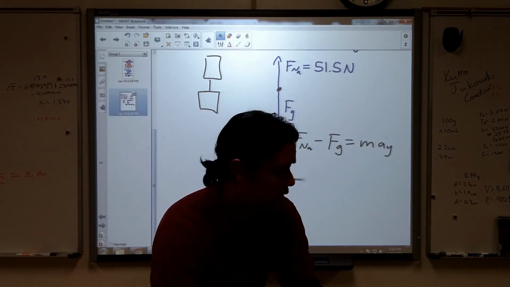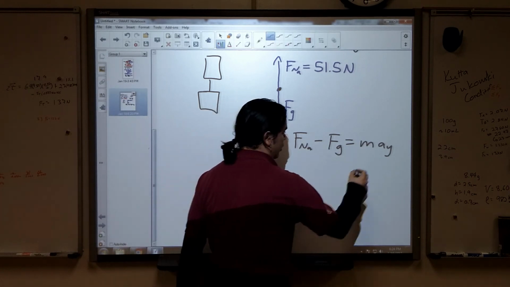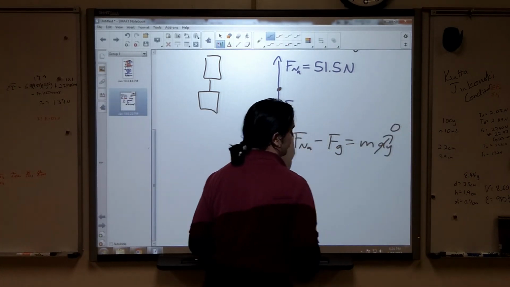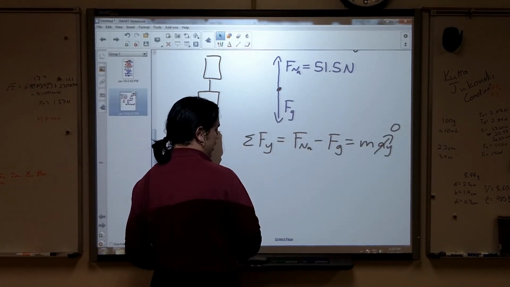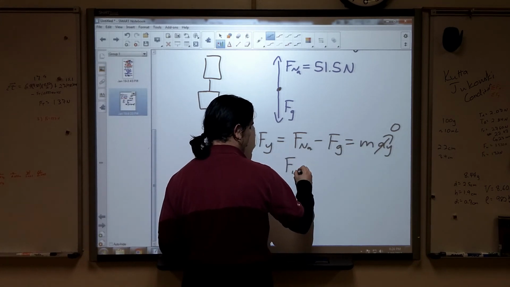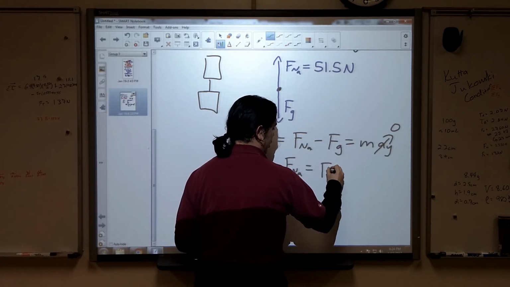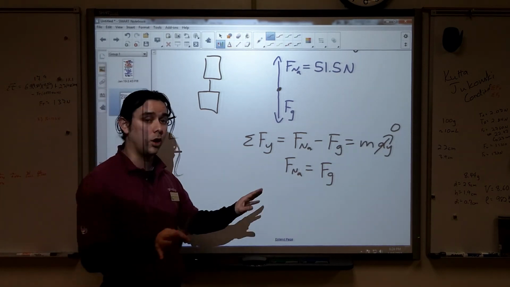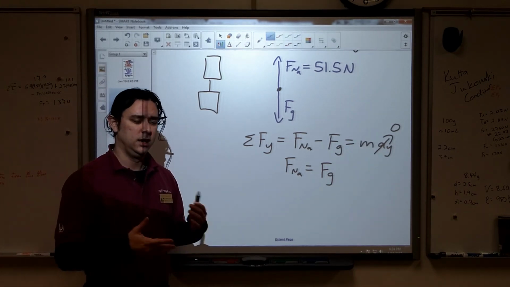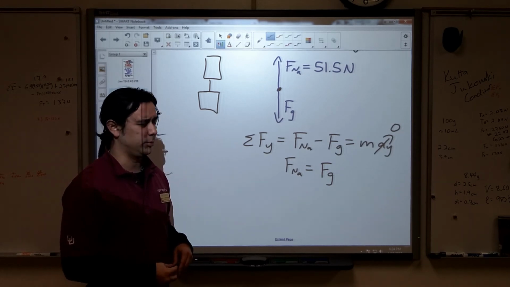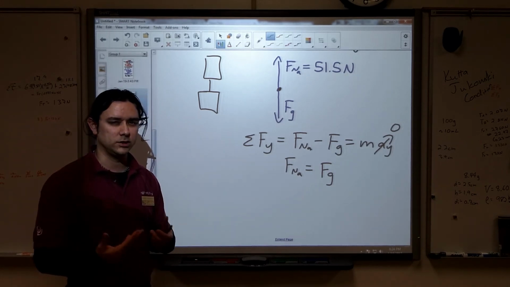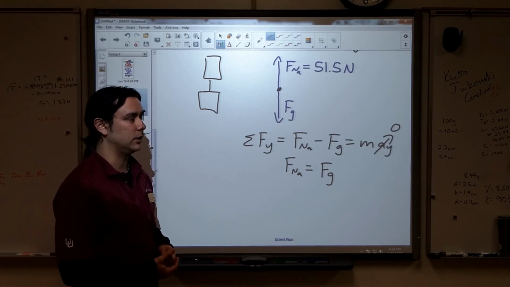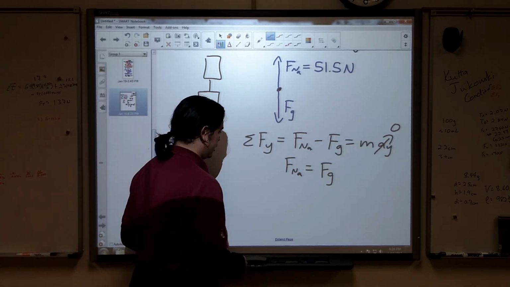In fact, in all of these, we're going to find that the acceleration is equal to 0. So when we're in air, the normal force is going to be equal and opposite to the force of gravity, because they're the only two forces acting on it. Ignoring buoyant force from air, which you can solve for, but it's incredibly low. The density of air is about 1.23 kilograms per cubic meter, so it's not going to do much.